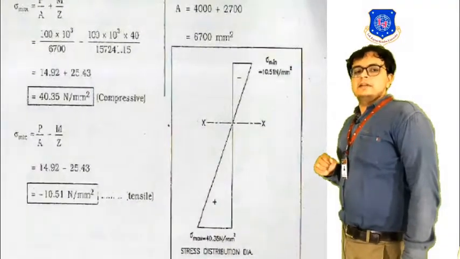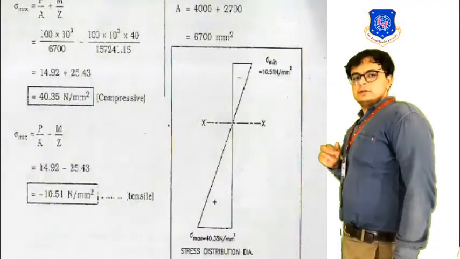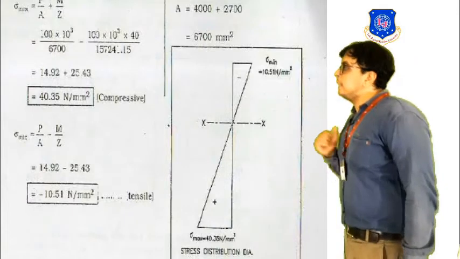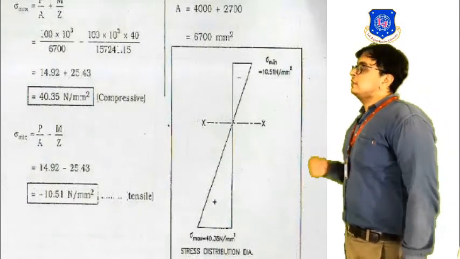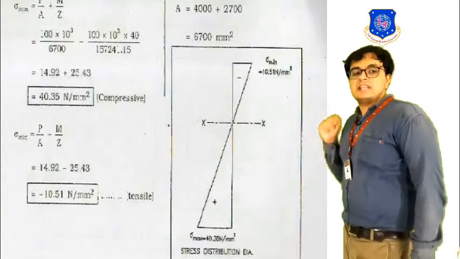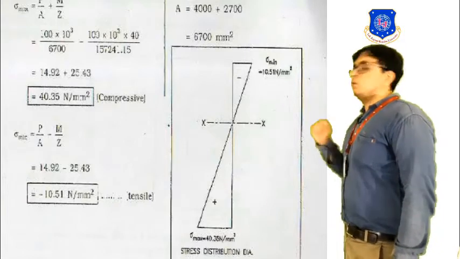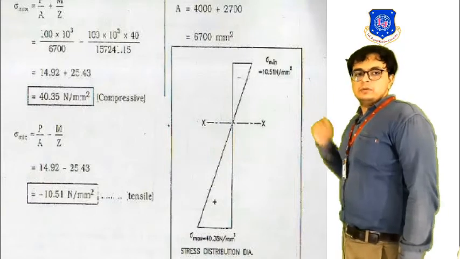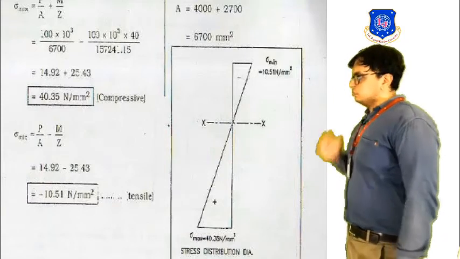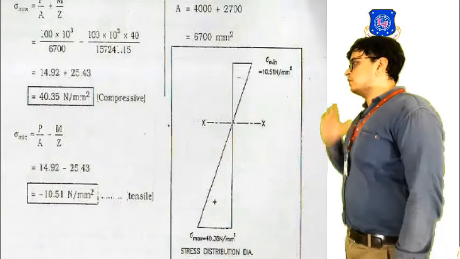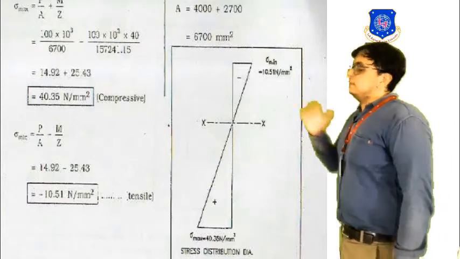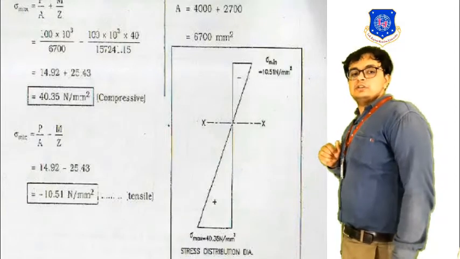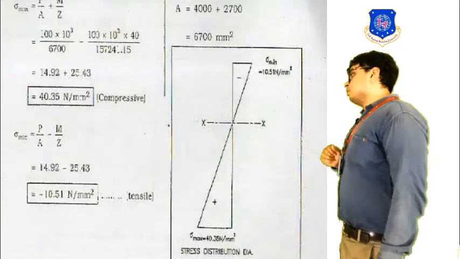So, by this our equation for the bending stress will be M by Z, that will be equal to 4 into 10 raised to 6 divided by 15724.15. On solving, the value of our first term that we are getting is 14.92 and the value of our second term is 25.43.